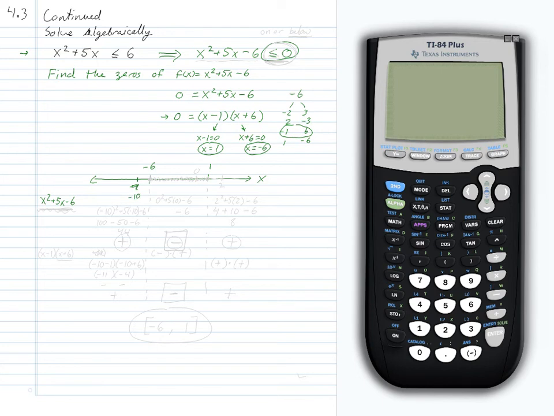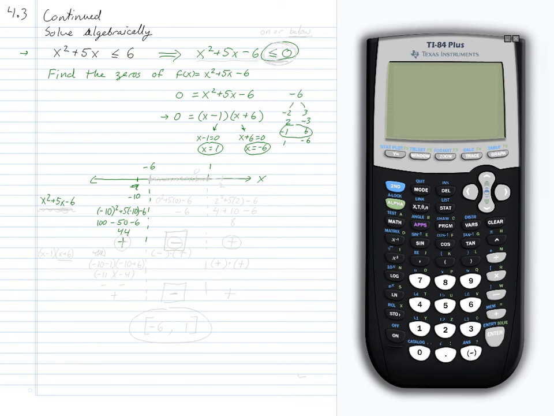Really, any number in this region below negative 6 will work. So you can pick whatever number is easiest for you to work with. Negative 10 squared plus 5 times negative 10 minus 6 is 100 minus 50 minus 6. That would be 44, which is positive.